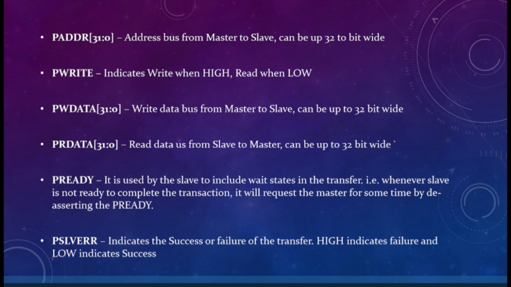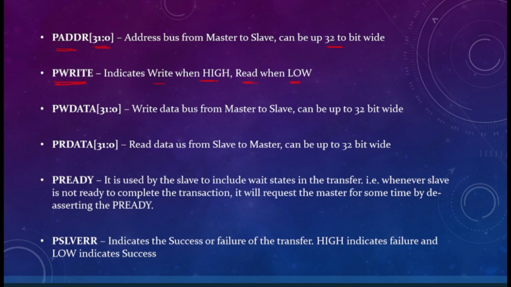And then coming to P address, address is nothing but the locations, how many memory locations are present for APB. They are 32 bits wide. Address from master to slave, and the width is 32 bits. Then coming to P write, it indicates that a write transfer takes place when it is high and a read when it is low.